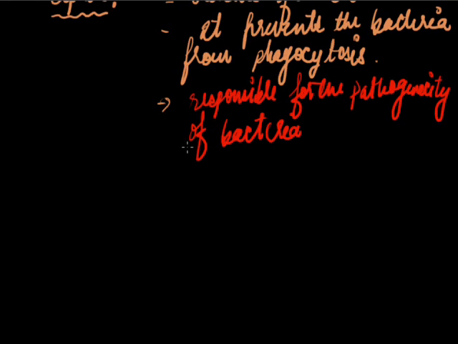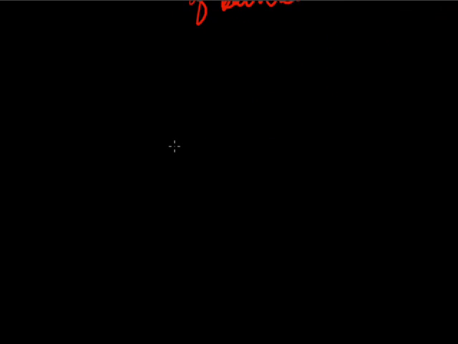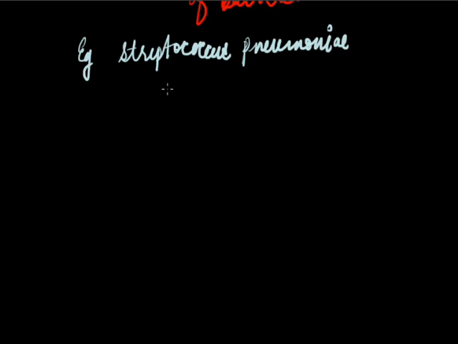All the microorganisms that are pathogens have a capsule around their cell wall. The examples of bacteria having a capsule are Streptococcus pneumoniae and Haemophilus influenzae.